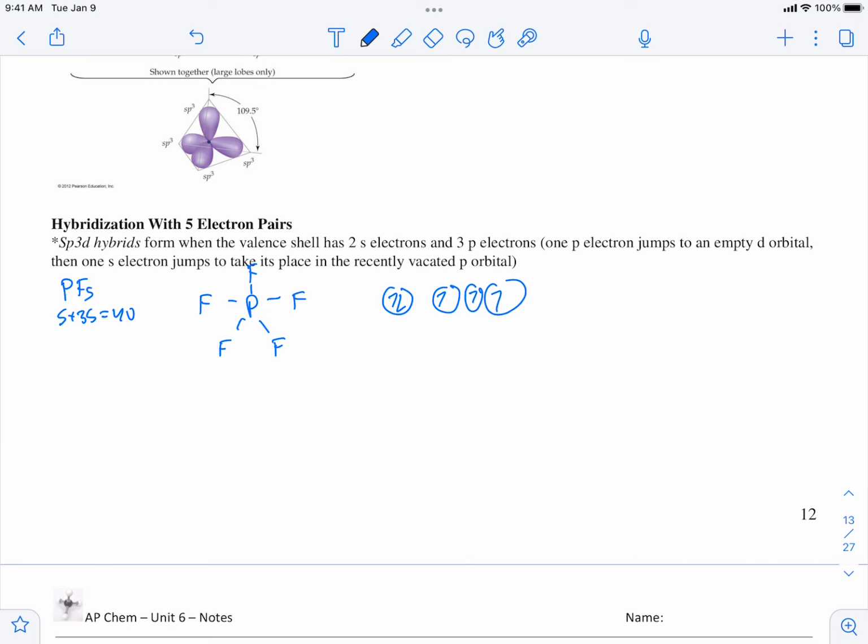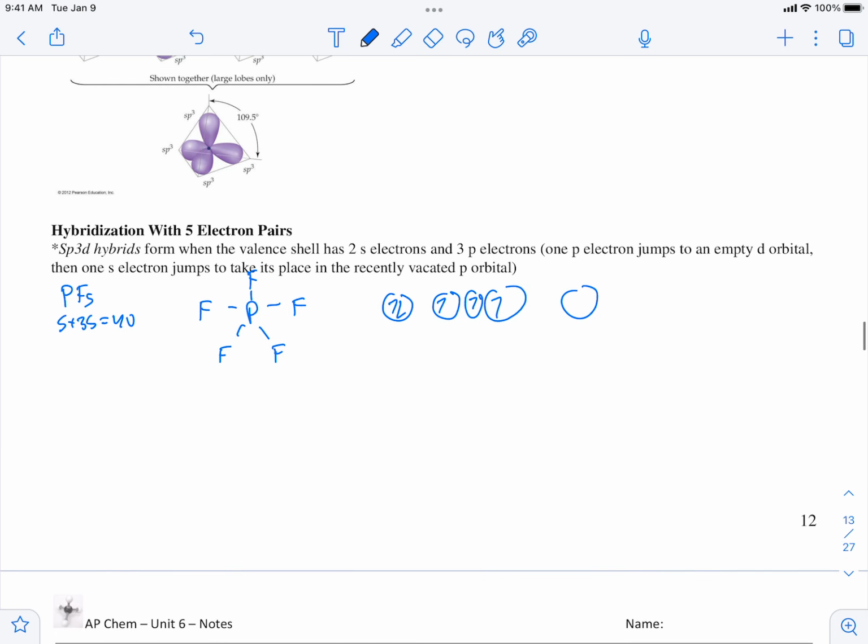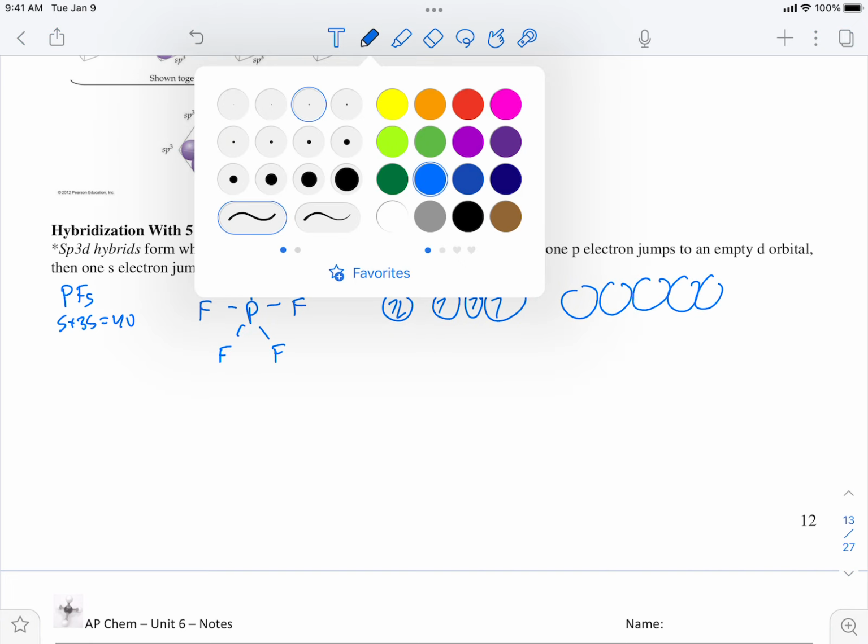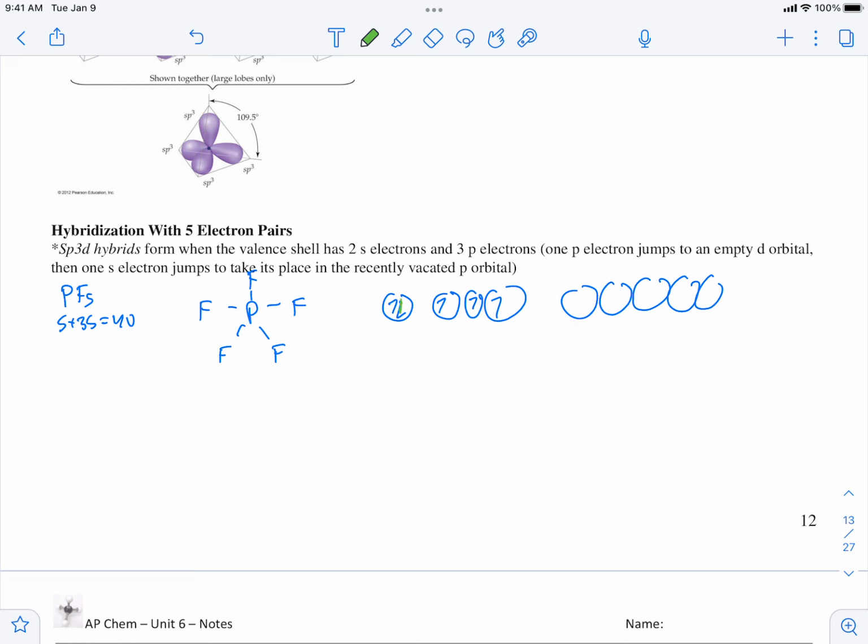So because phosphorus does have the d subshell, we're going to promote this electron here into the first of the d sublevel.